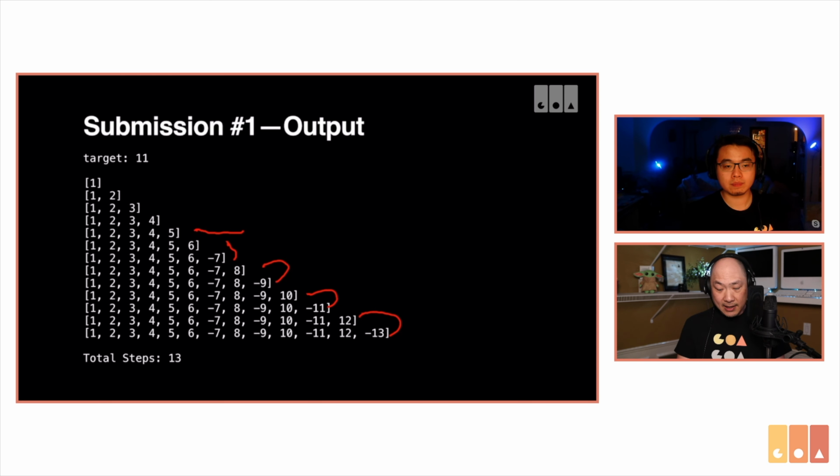So that works. Any thoughts on this, Ronald? As you can see, this answer does work, but it's not going to be the most optimal. When you're approaching these problems, what I find really helpful is sometimes to actually write out the steps you take on a piece of paper.